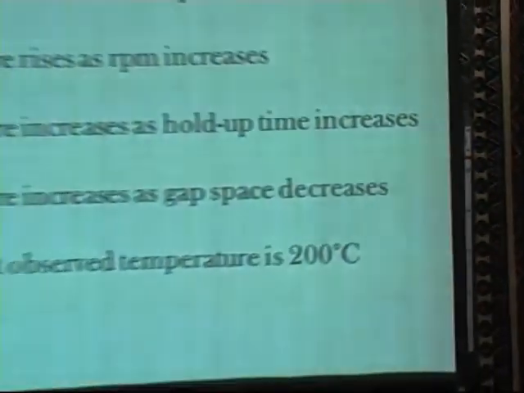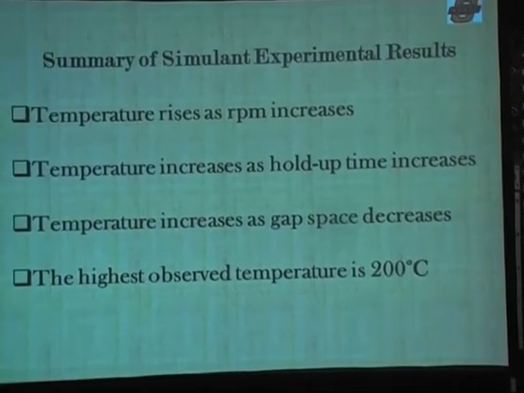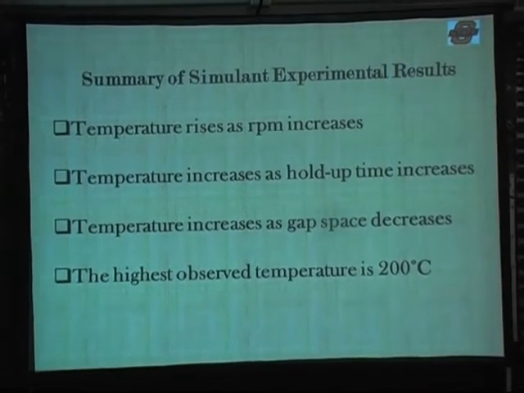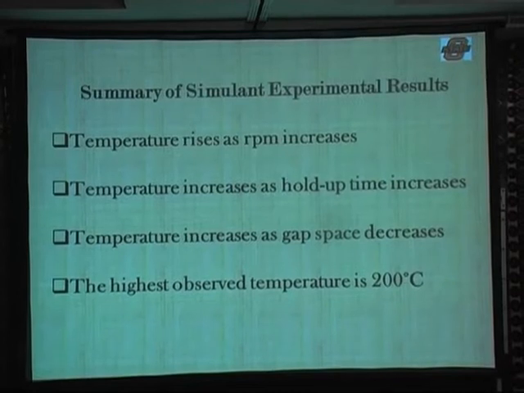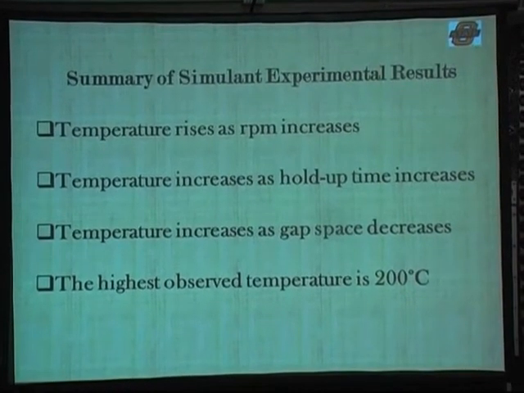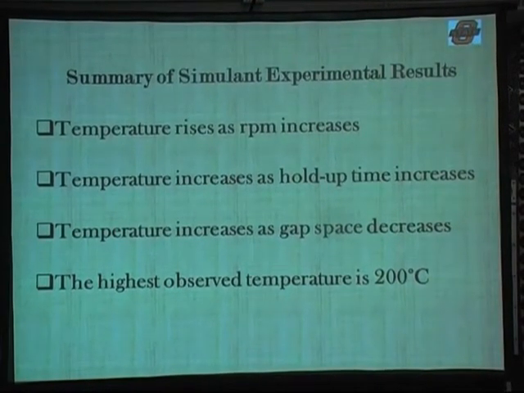So, key things, these should all be obvious based on what you already know about viscosity and temperature. Temperature rises, the RPM increases. It increases up to some steady state value as the hold-up time increases. Once we get everything hot, then we can maintain a temperature. We haven't looked at preheating it at all.